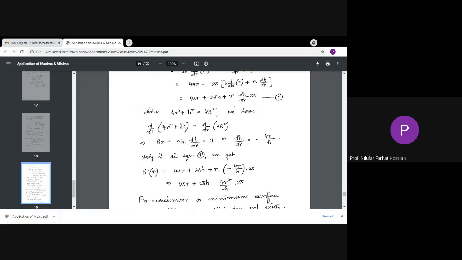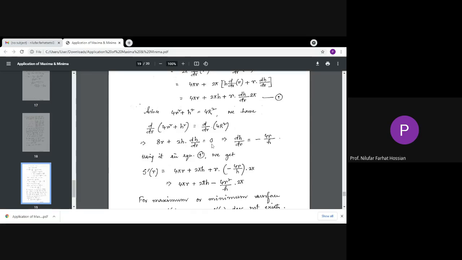It is h square, but remember h is a function of r. So you have to differentiate this h square, taking h as r. If it is an r, then the derivative of r square will be 2r, but here it is h, so it should be 2h into dh by dr, equal to 0.